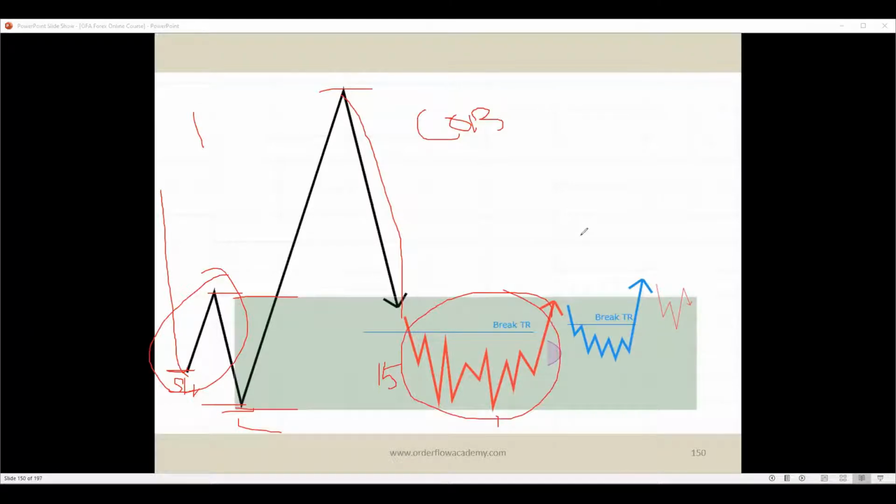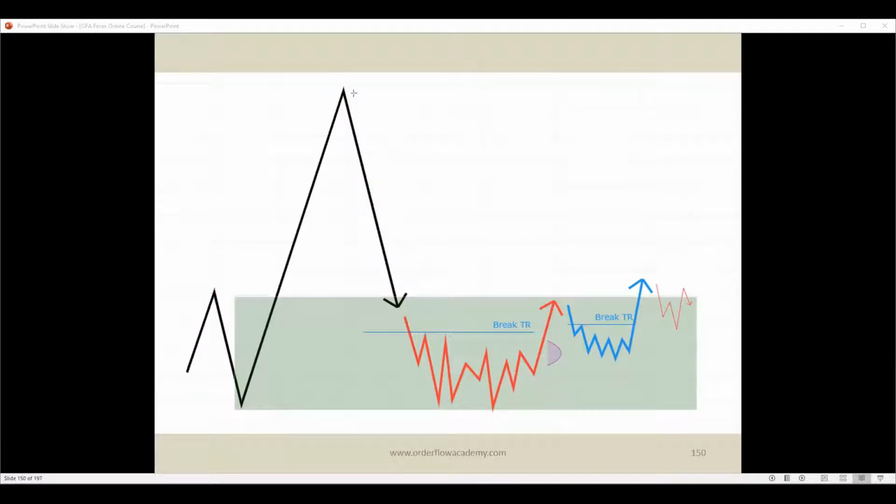What you're going to see is just a few candlesticks. You're going to see price like this. Price comes down, right? What you're going to see, instead of spring, you're going to see price come down like this. Then price goes up, right? Then price comes down, price goes up.